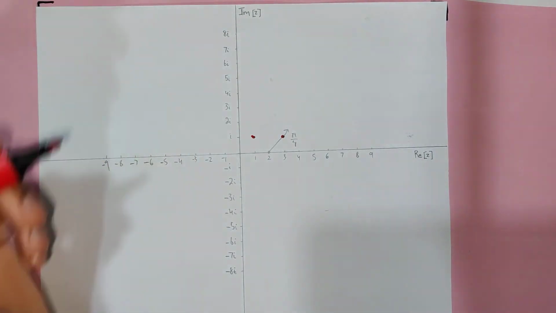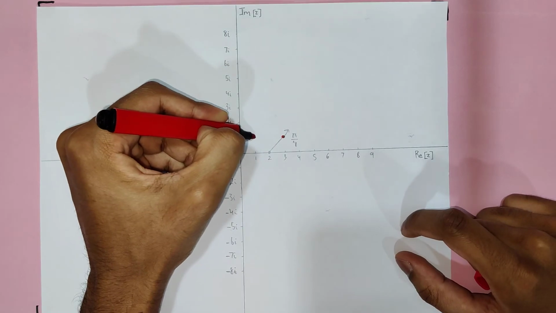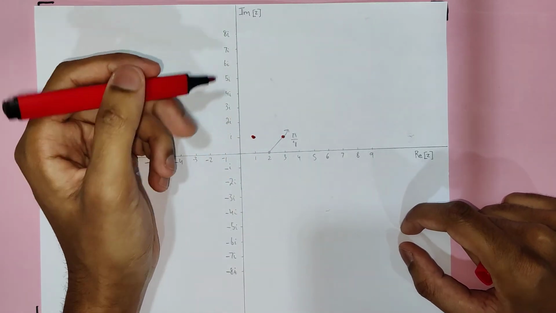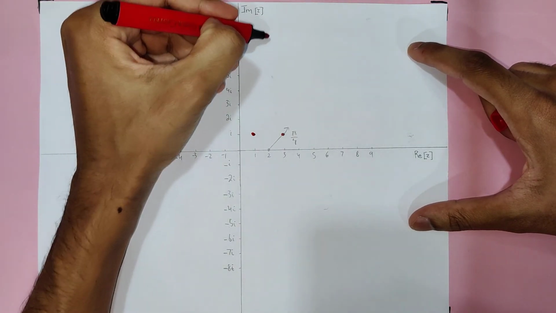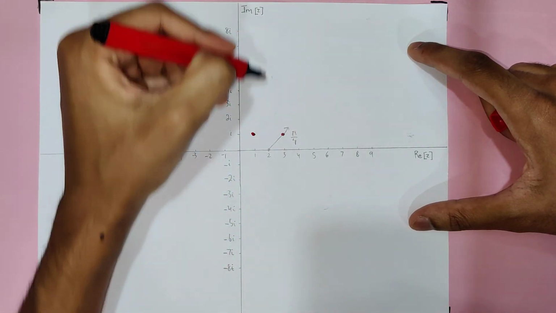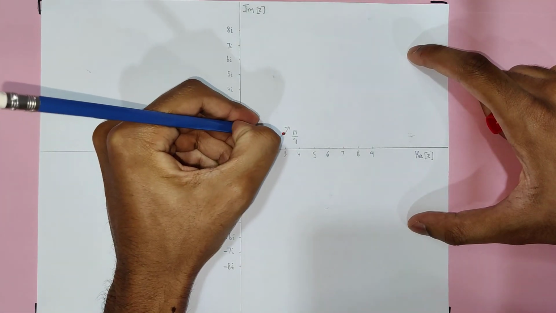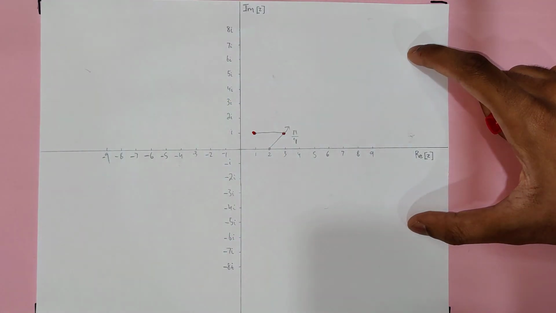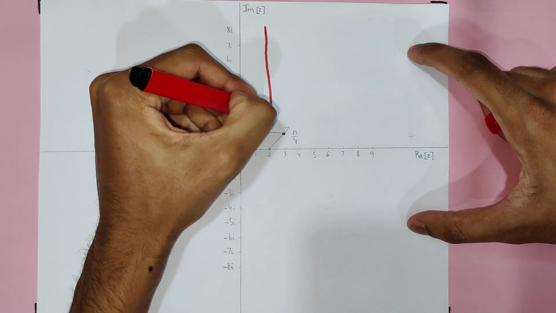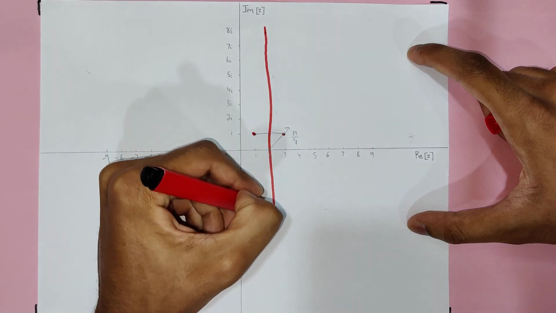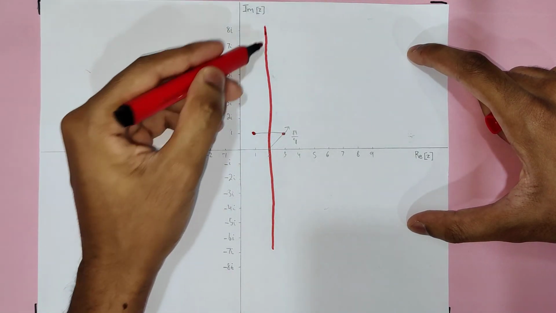Now we know that the distance of z from these 2 points is the same. So what that tells us is that z can only exist along a line that is halfway in between these 2 points. It is the perpendicular bisector of the line joining the 2 points specified in the equation. So it'll look something like this. z can only lie along this line because it'll be equidistant from this point and this point.